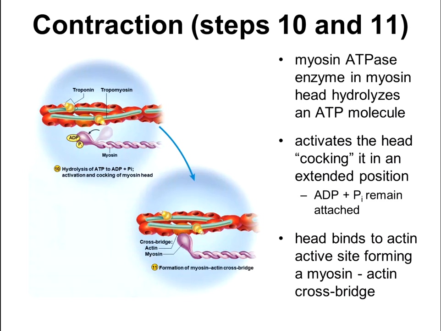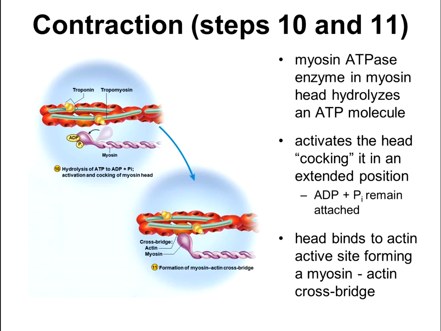Contraction. Now we have the myosin ATPase, which is an enzyme. Remember, -ase again, always an enzyme. In the myosin head, it is going to hydrolyze an ATP molecule, which is what's happening here in number 10. So we are breaking off one of those P's, right?